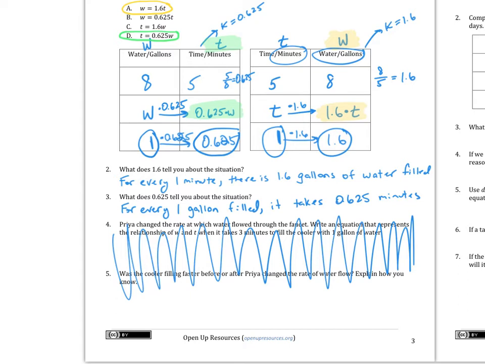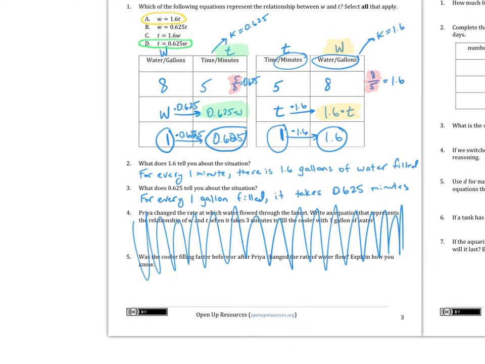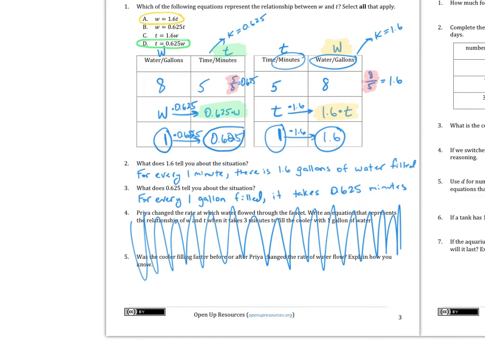If we look at the fraction versions of these constants of proportionality, 5/8 and 8/5, we can see that they are indeed reciprocals. The decimal versions, which are 0.625 and 1.6, are also reciprocals. We know that because when we look at the fractions, the fractions are flipped, so they're reciprocals.